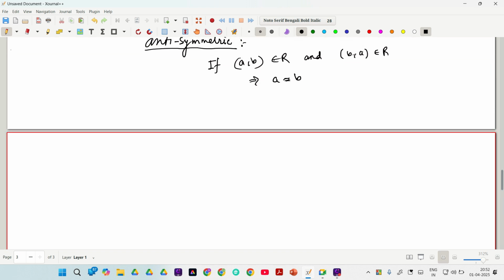Now, number 3 is the transitive relation. The most confusing relation is this transitive relation, so listen carefully.